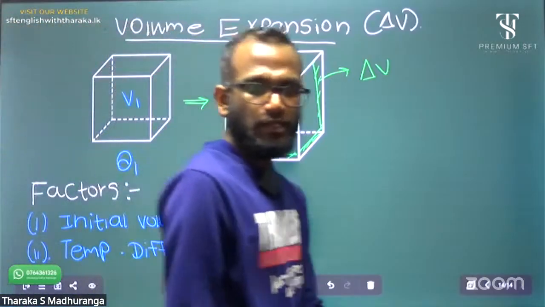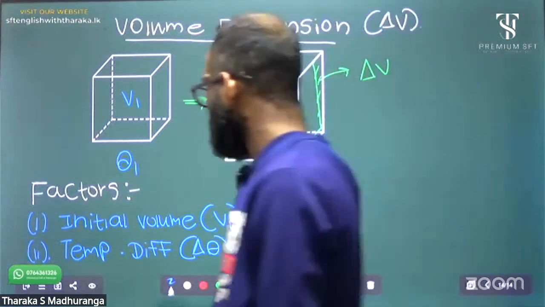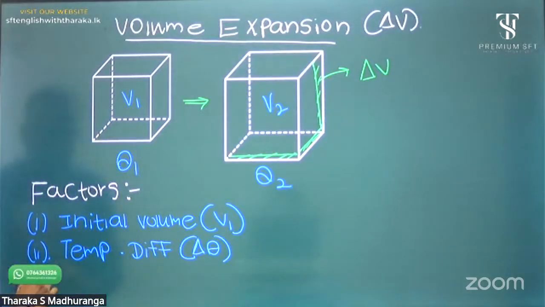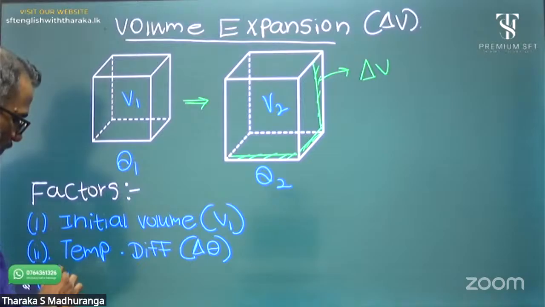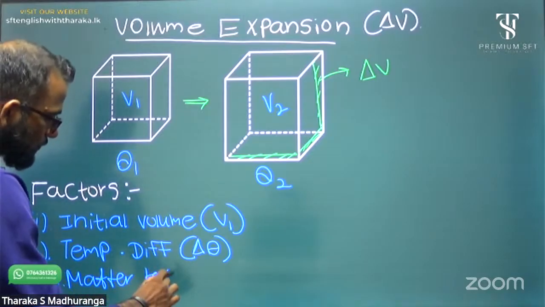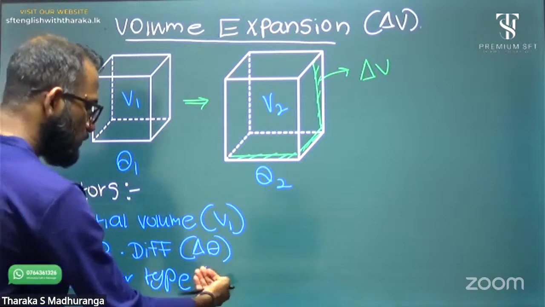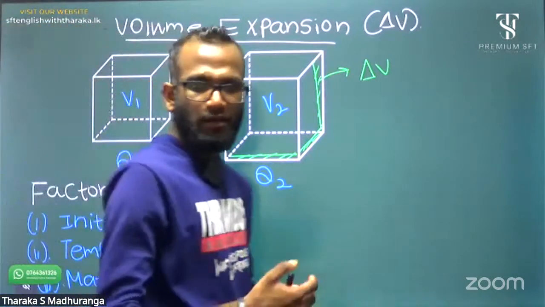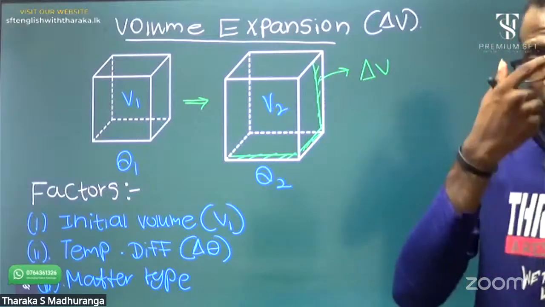The third one is matter type. Matter type has no symbol of its own, actually it is gamma. I'll show you that.